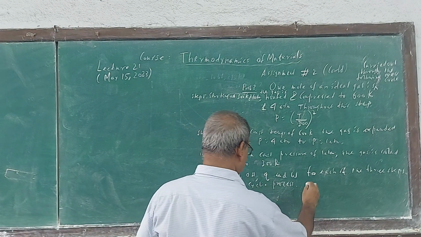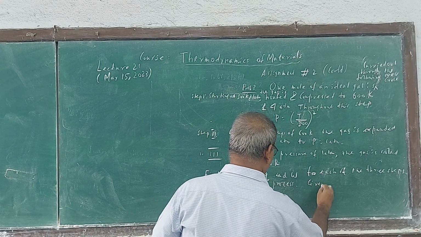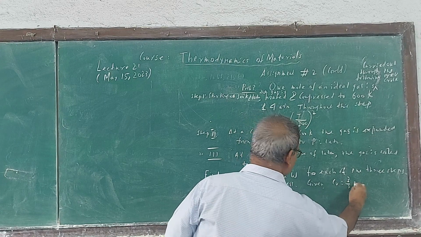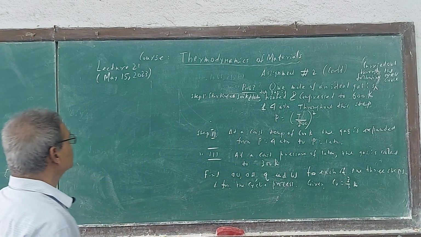Given to you, Cv is 3/2 R, meaning a monatomic ideal gas. Good. So, solution.